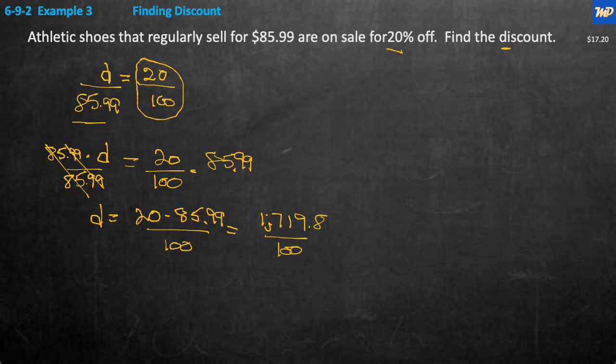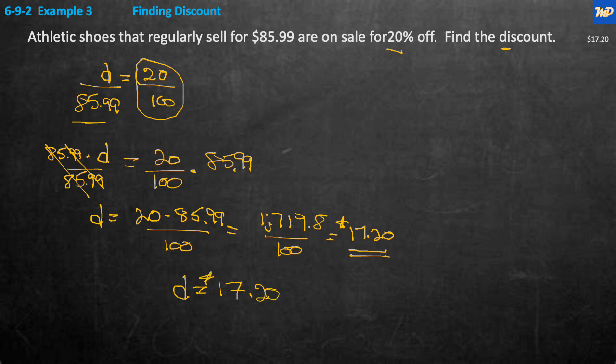And then we divide this by 100, and the answer ends up being 17.198, so we'll end up rounding that to 17.20. We've found the discount. D is equal to $17.20.